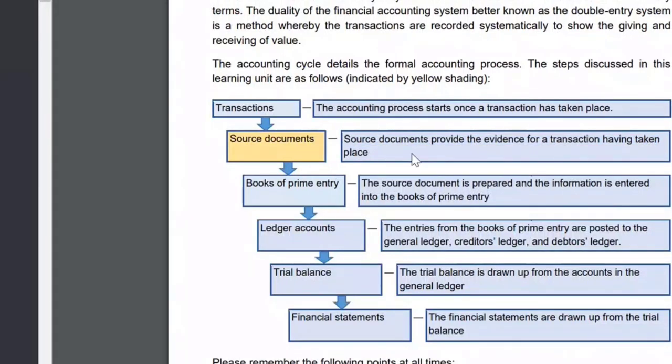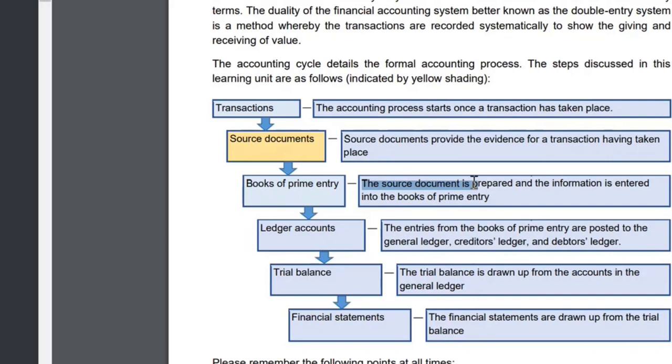So in this case, the evidence that the transaction has taken place would be a duplicate cash invoice and a duplicate deposit slip. Can you see what the next step after the source documents is? It will be books of first entry. You will be using these two source documents.